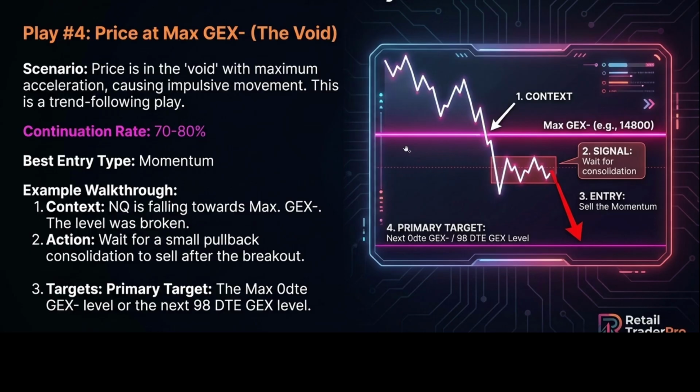The best entry type is with momentum. Example context: NQ is falling toward the max Gex negative level, and the level was broken, like I showed here. What is the action? Wait for a small pullback or consolidation to sell after this breakout.